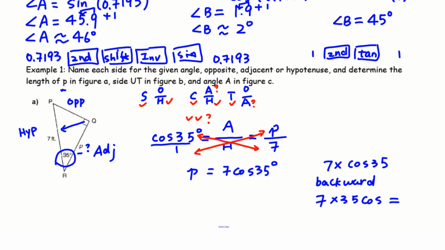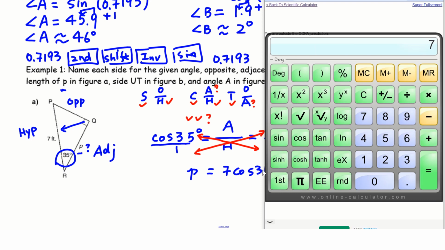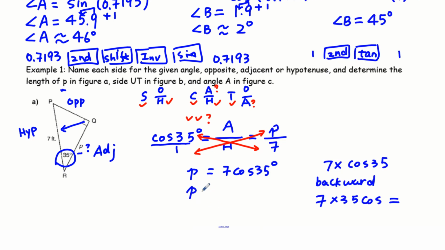So 7 times 35 cosine, then equals 5.734. So we have P equals 5.734. The given information has no decimals, so we could round it to no decimal places, which is 6.